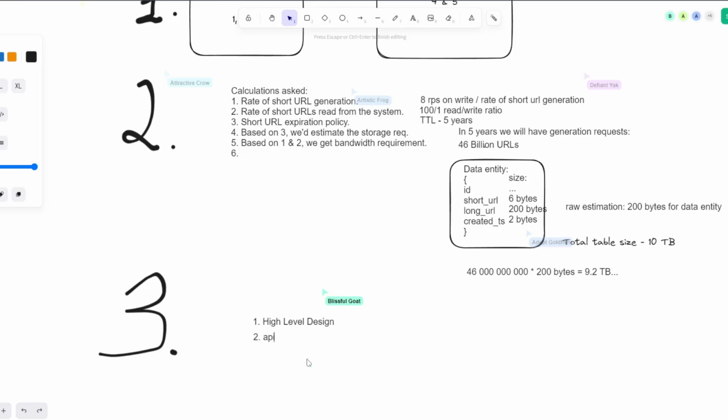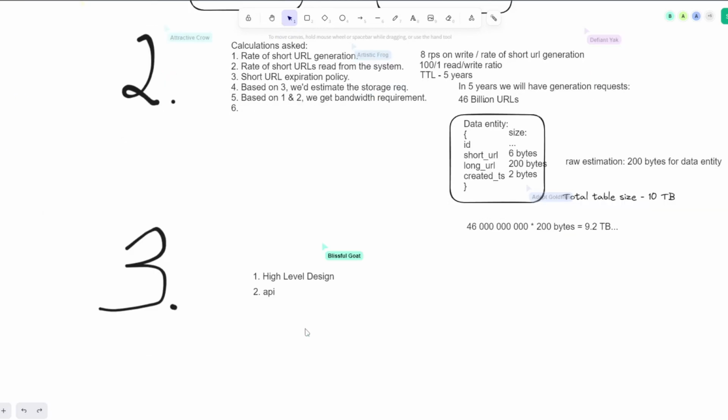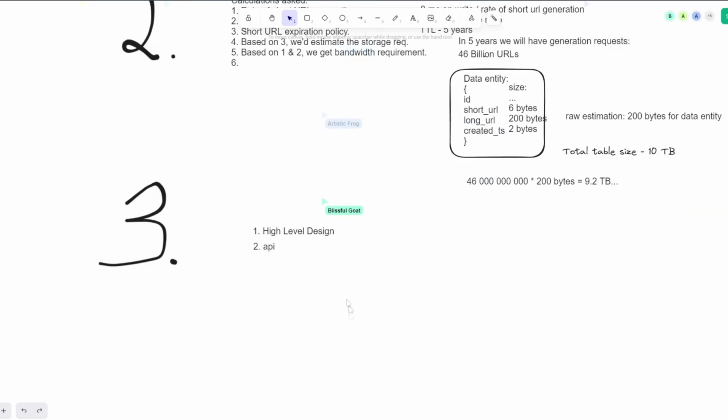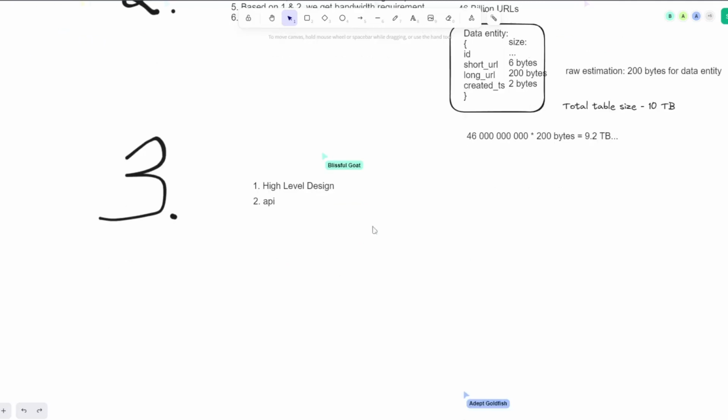I think we can make some API as well. So yeah, let's make some API. We will see how our service will communicate with the customer.